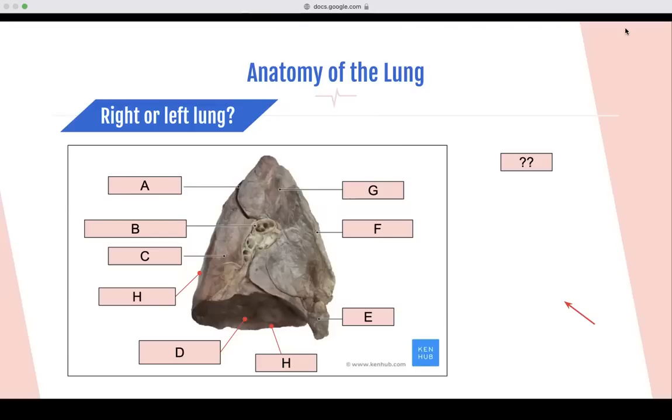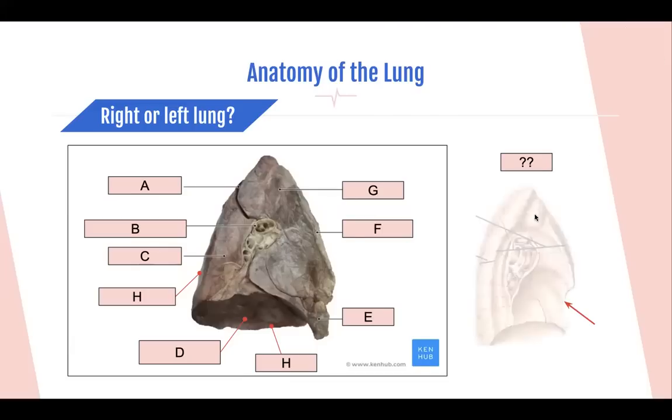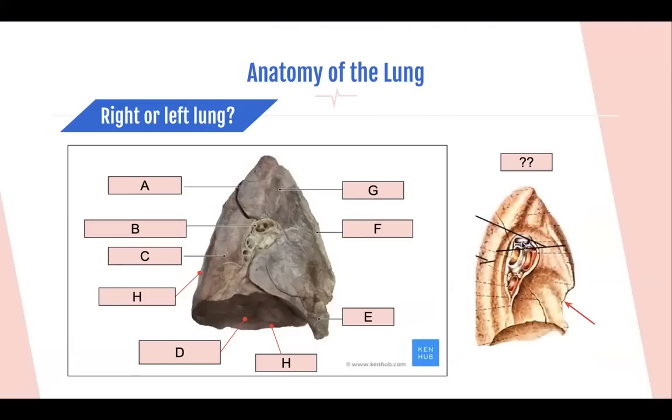I'm not sure. I think it's pulmonary artery, then bronchus. I have a picture for it coming up. Okay, but yeah, here it's artery, then the bronchus, then the veins. ABV for left, BAV for right. So ABV is for the left lung: pulmonary artery, bronchi or bronchiole, and then the veins.